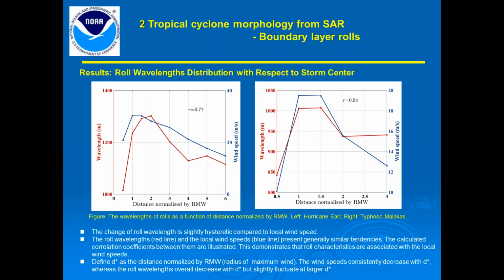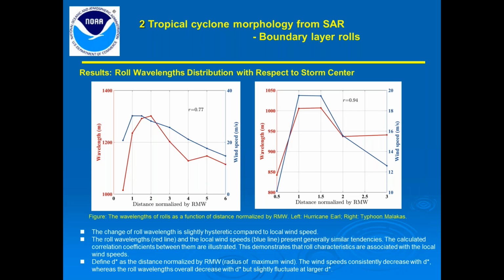Those atmospheric boundary layer rolls are closely related to the local wind information. So that tells us something about the relationship between the wind and the boundary layer distribution within the hurricane system. Whether this information is useful, how useful it is to the hurricane forecast, I don't know, but at least this is some information we can pull from the SAR imagery directly, without any distortion.